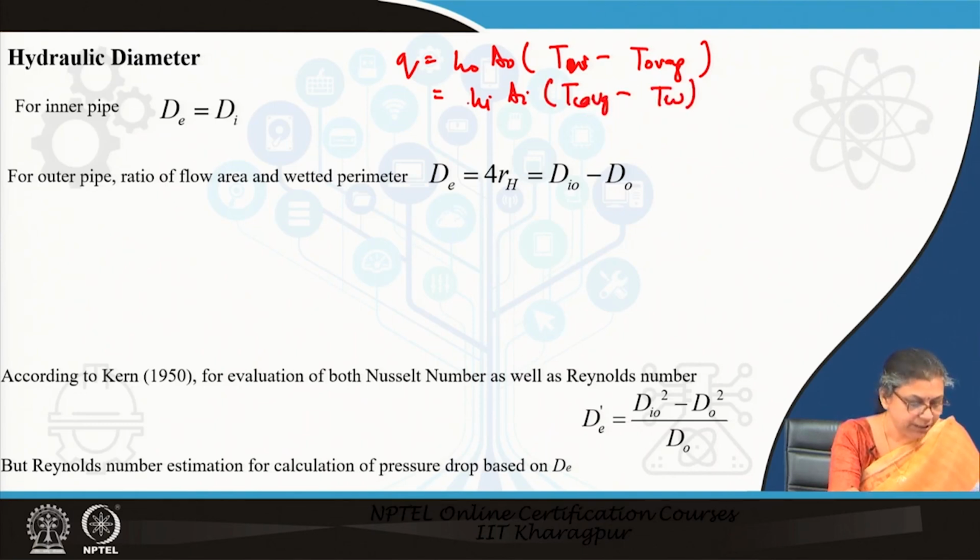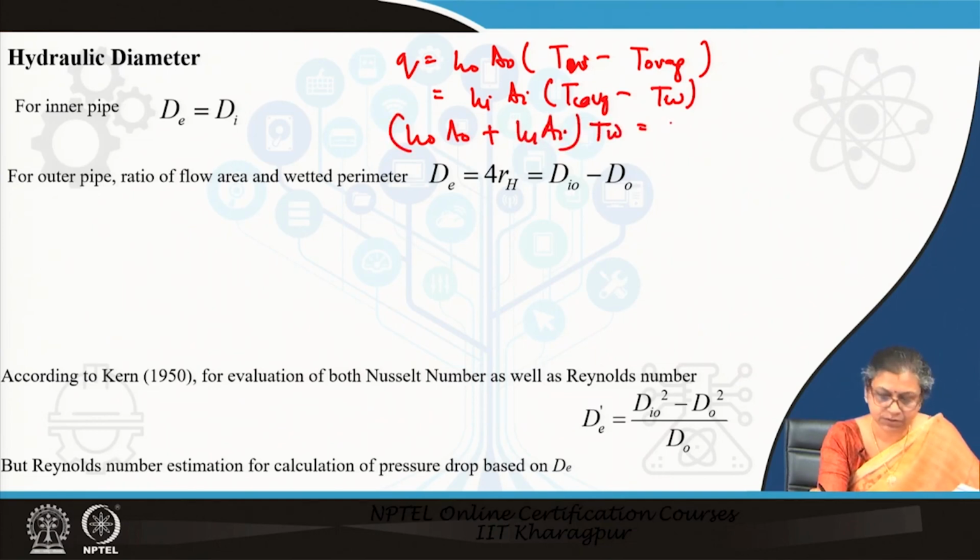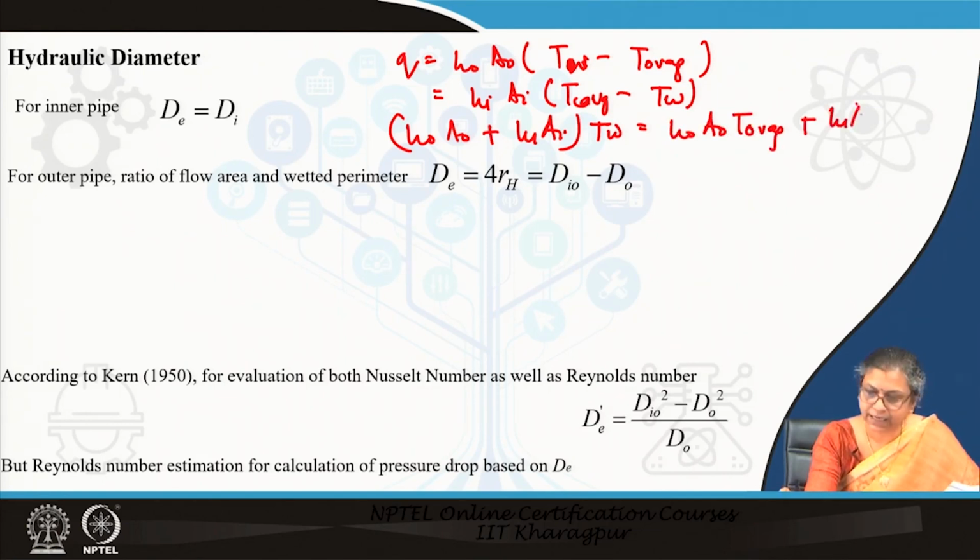So, from there if you equate these two, then you can write it down as HO AO plus HI AI times TW, this will be equal to HO AO TO average, you can do it yourself, plus HI AI TI average.